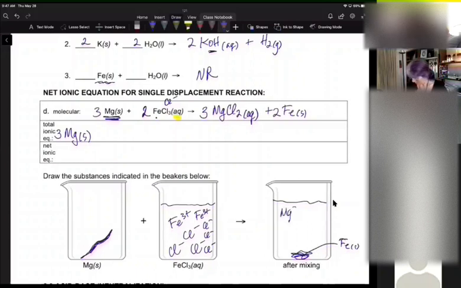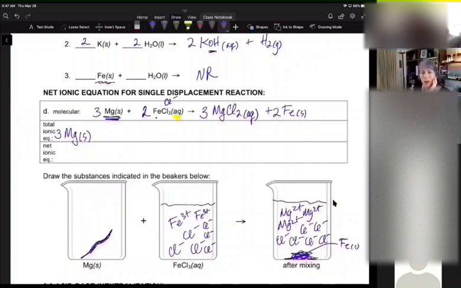And magnesium chloride. So let's take a look at what happens for that ionic equation. Now, iron chloride is ionic, so I'm going to go ahead and write that as separated ions, just like in the beakers.